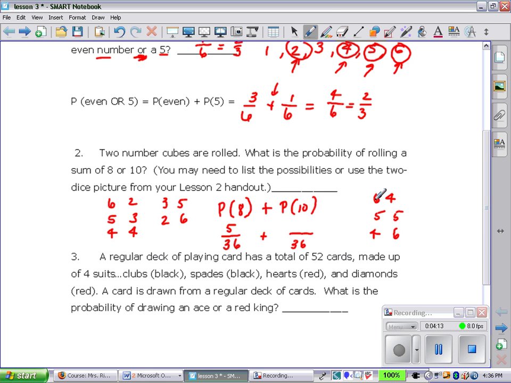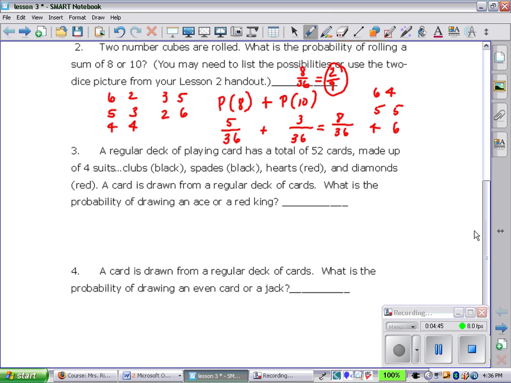Again, 4 and 6 is different than 6 and 4. So there are 3, and then we add those 2 together. Out of the 36 total possible choices, there's a total of 8 that fit the bill. Simplify that, 8 over 36, down to 2 over 9. That is right, 2/9. So you have a 2 out of 9 chance of getting a sum of 8 or 10.